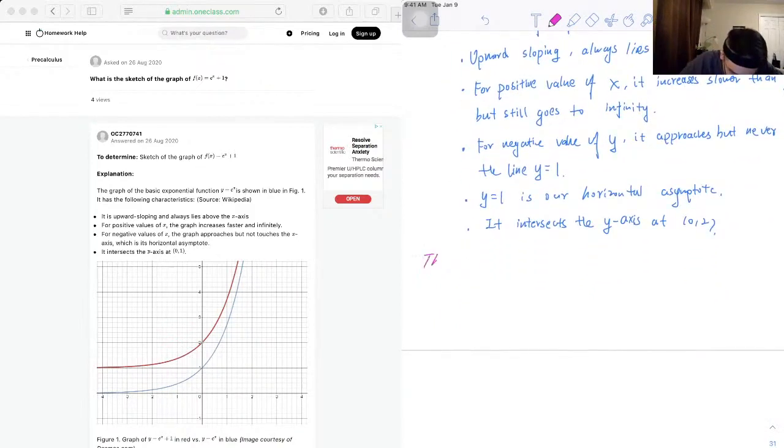Therefore, the graph of y is equal to e^x plus 1 is shown above.